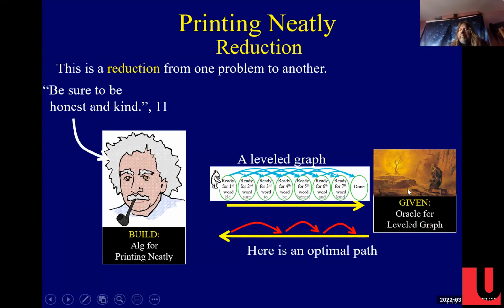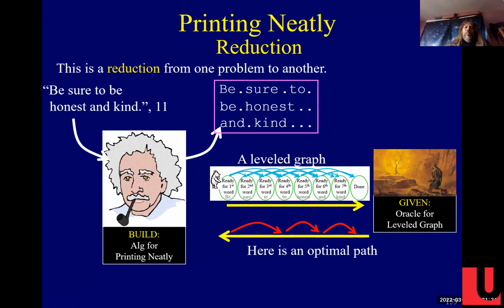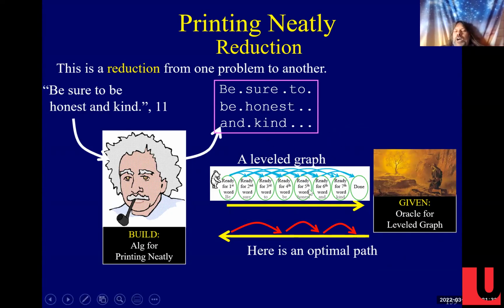Our oracle will give us the best path, and that will give us the best way to print, and we're done. So all we have to do is, given our input, form our graph, and then take the best path through the graph that our oracle gave us, and form our solution. Everybody see that this alone is an algorithm that solves the problem?